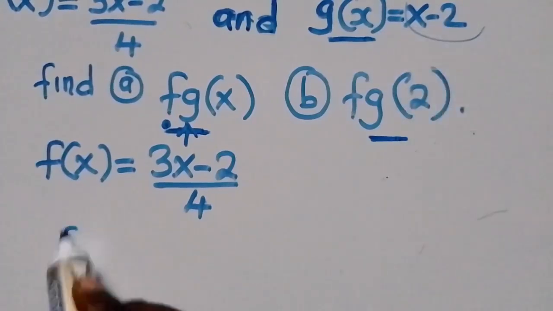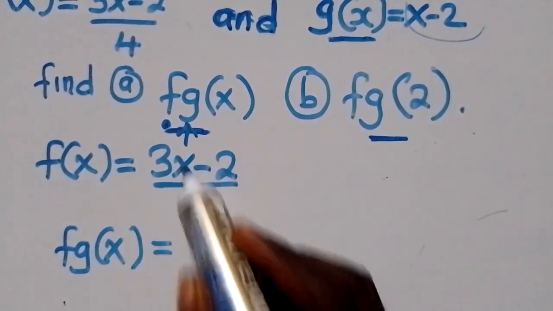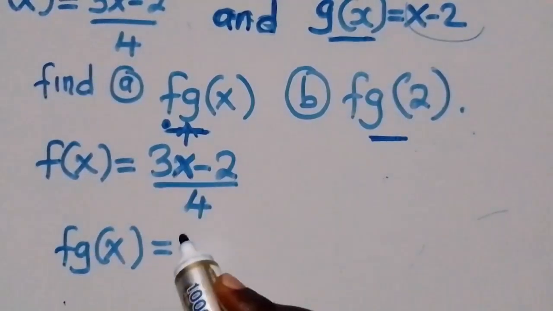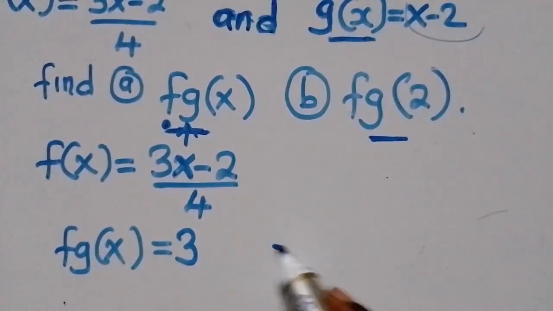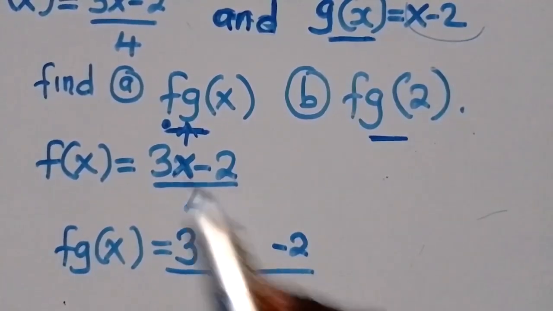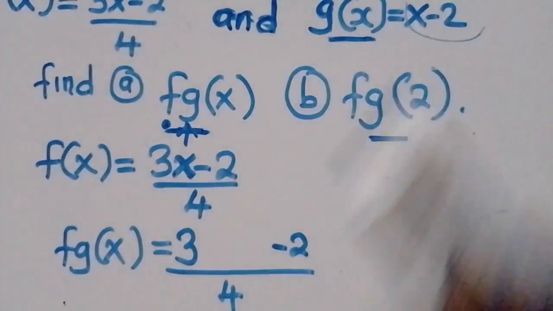So fg of x means that where there is x, I remove that part. I would say 3, then that part is removed, then I've got minus 2, over 4. Then this part here where there is x, that's where I'm going to put the other function, x minus 2.